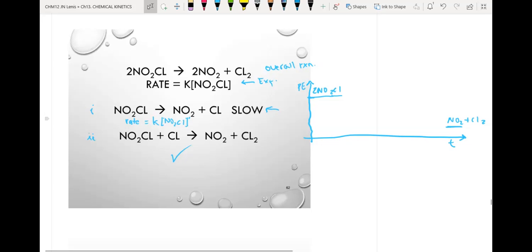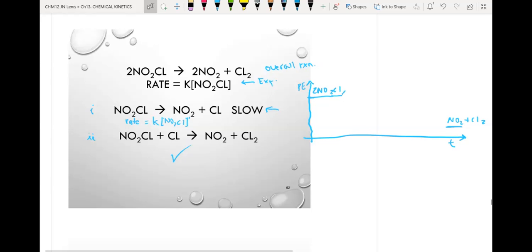So how many hills? Let's do critical thinking here. How many hills should we draw in this potential energy diagram? I know your answer was right: 2 hills, because we have 2 steps. Now, which hill is going to be the highest? Yes, the first hill, because it's the one where the reaction goes slow.